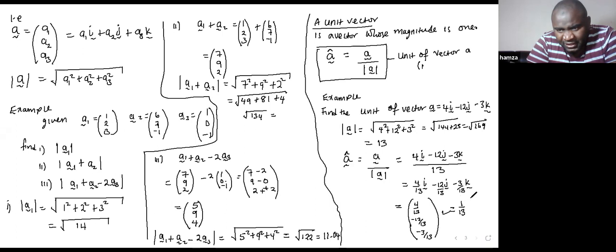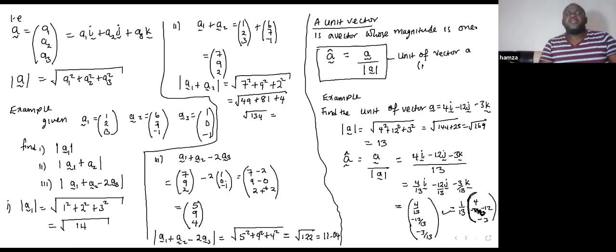They can ask you to write it in a scalar product form or in a scalar vector form. You'll have the scalar of 1 out of 13 outside, then you have the 4, then you have negative 12, then you have negative 3. Unless it is asked, the 13 should enter the bracket, because you never know if the 13 can be dividing.